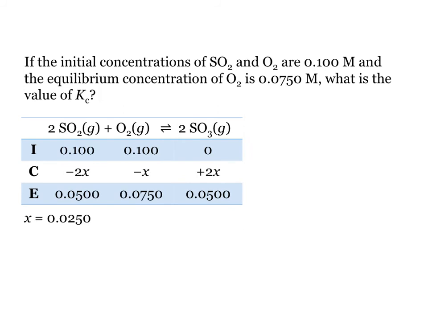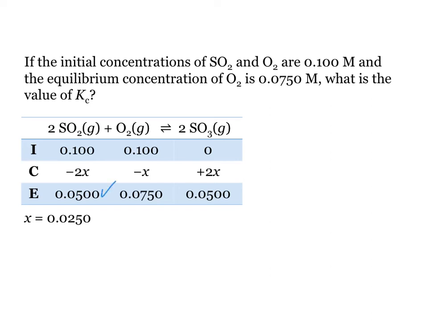We see that the concentration of sulfur dioxide at equilibrium is 0.100 minus 2X, or 0.100 minus 2 times 0.0250, equals 0.0500 molar.